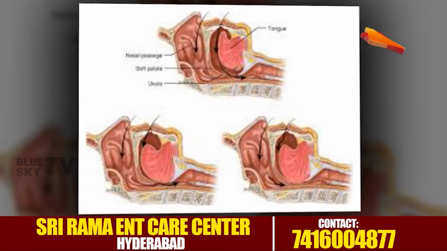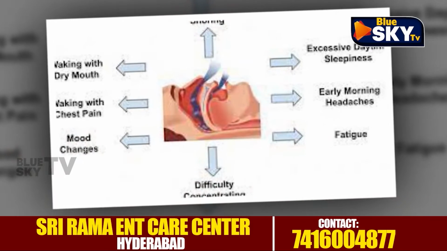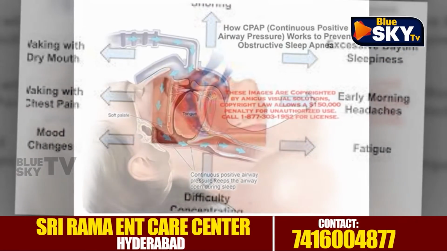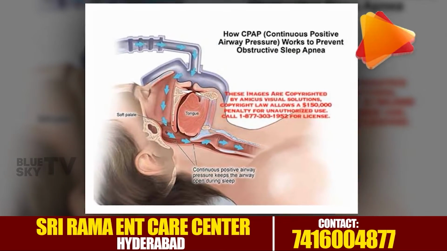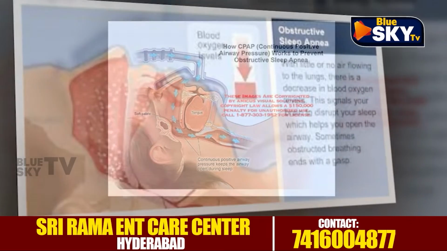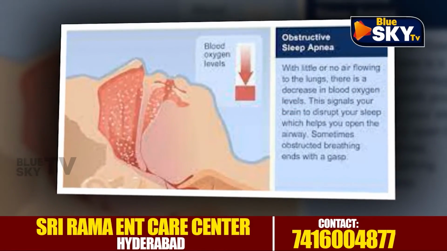Sometimes this soft palate can be very flabby, it can be very long, or it can be lax, or it can be very posteriorly located. In that case, it can lead to obstruction of the air entering the nose and then going into the back of the throat.